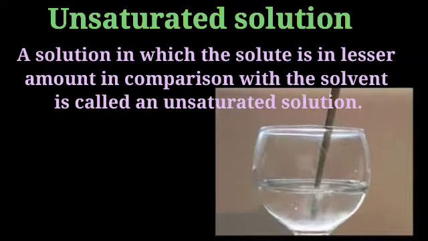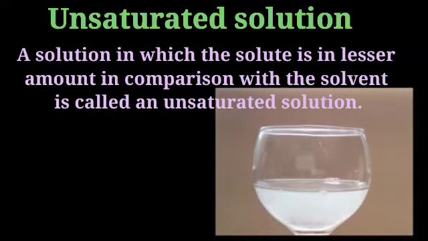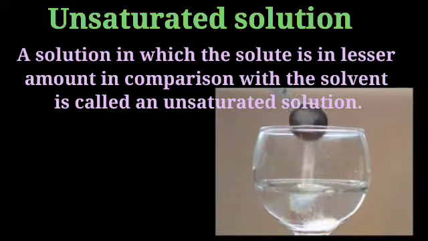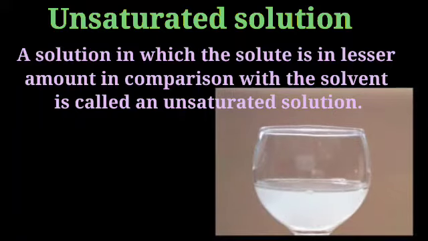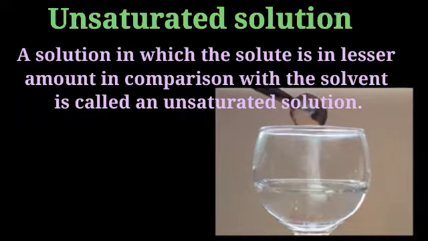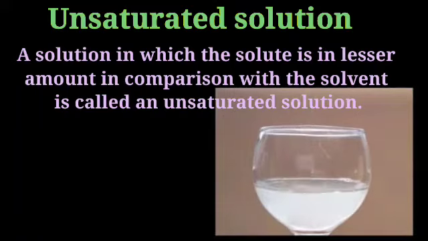Now we'll talk about unsaturated solution. A solution in which solute is in lesser amount in comparison with the solvent is called unsaturated solution. On the other hand, you can say that it is the solution in which more solute can be dissolved.